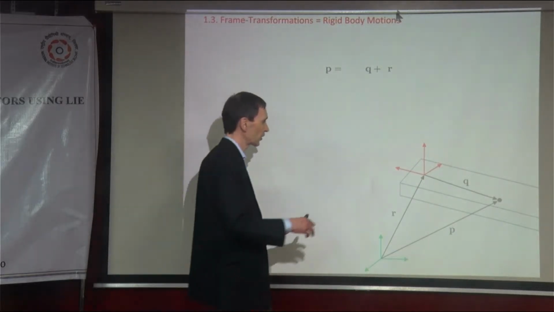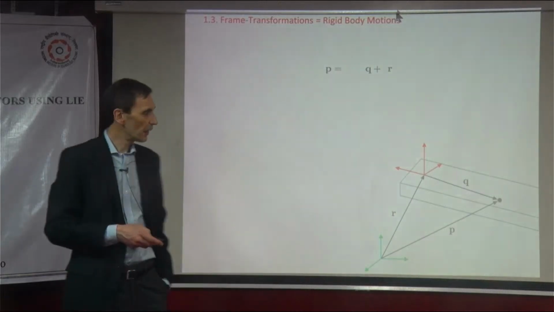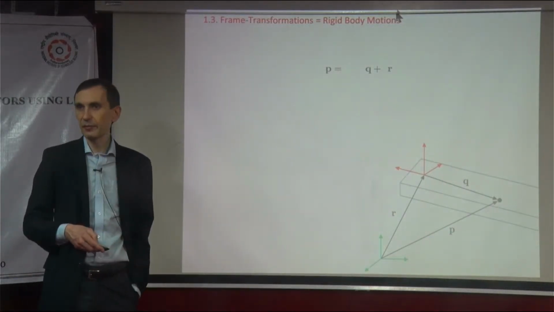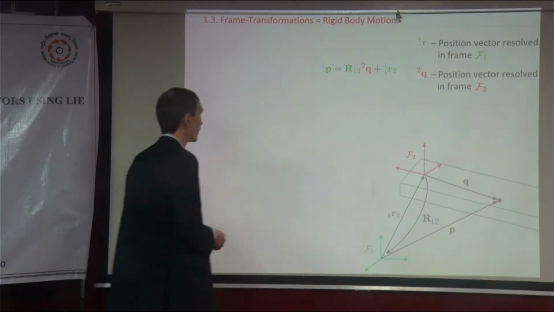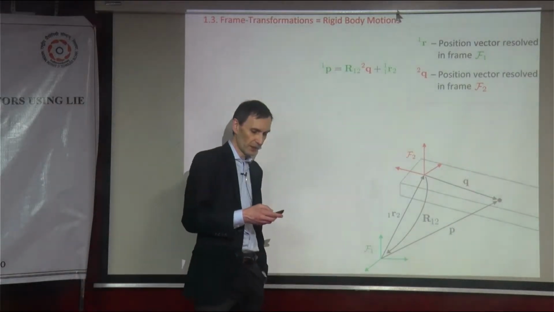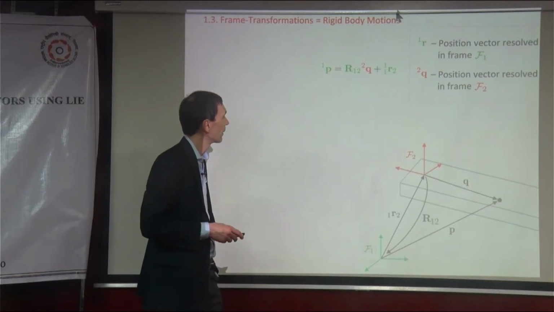Again, this is not indicating any reference frame, because I can only add vectors that are represented in the same frame, coordinate vectors. That's why we have to use the rotations and the indices correctly.